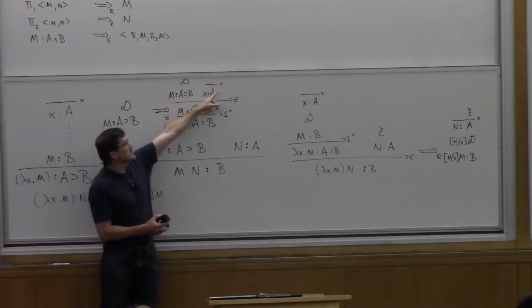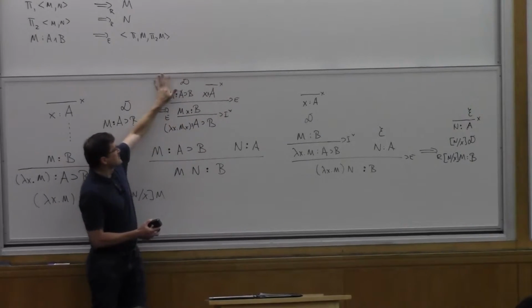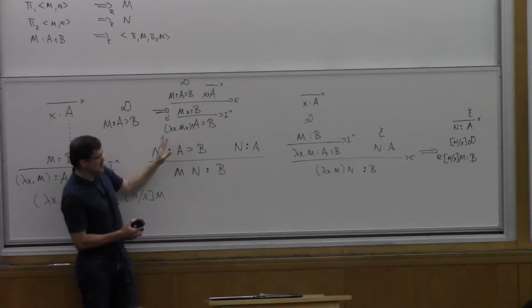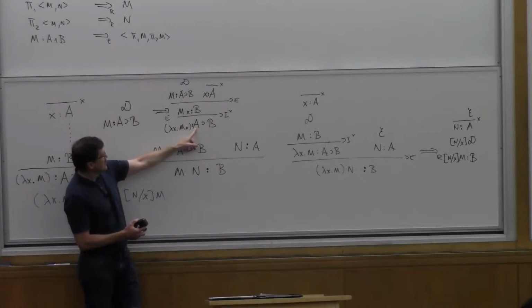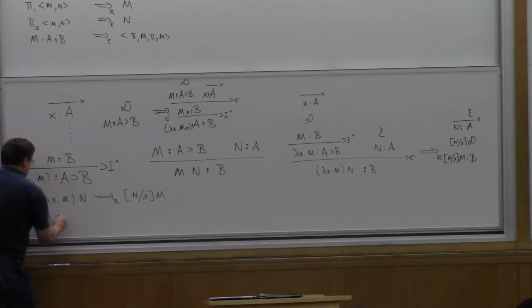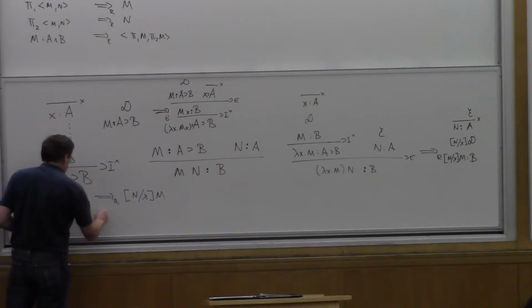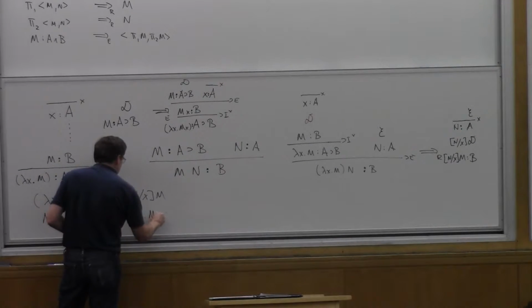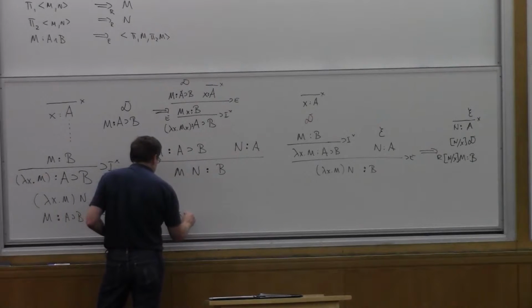You have to make sure that it doesn't conflict with any other assumption that's being carried out here, so that this X doesn't occur in M. Otherwise you would create confusion, because this X of type A would have this local scope and anything that might exist in M. So the local expansion is going to be this: if I have an M which is of type A implies B, I can expand it into lambda X, M applied to X, with the condition that X is not in M.